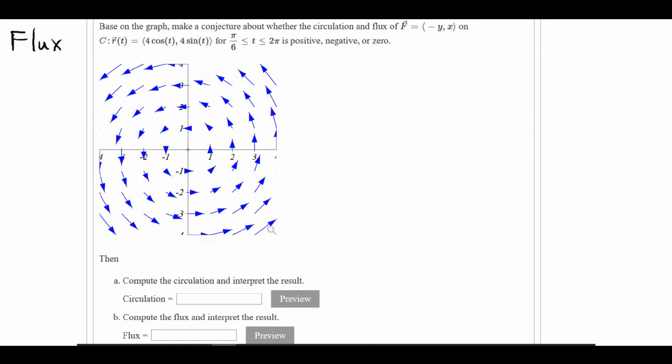The formula for flux, by definition, is the line integral of F dotted with capital N, the unit normal vector, with respect to arc length. However, in differential form, this looks like this.